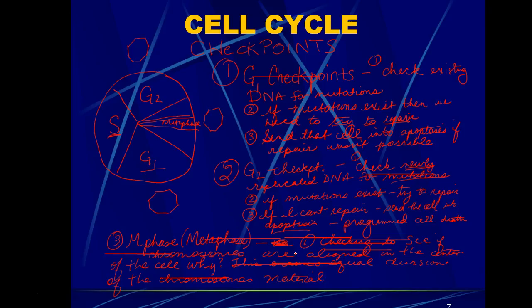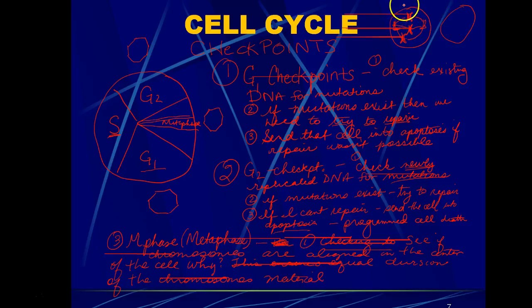So we want to make sure that the chromosomes are lined up in the center, because if they are not aligned in the center of the cell, when the centrioles are pulling on these chromosomes, when the DNA separates at the centromere, most likely when this one separates, we could have one of the cells that ends up with what?